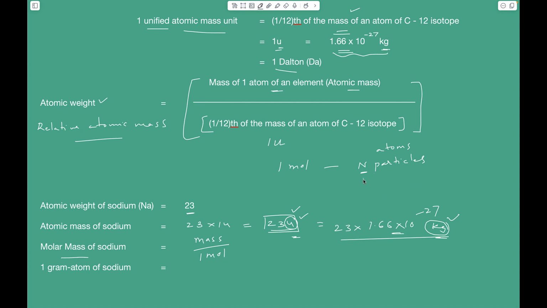And you know, the experimentally measured value of Avogadro's number is approximately 6.022 times 10 to the power of 23. This is the value of Avogadro's number. Now you may be wondering why we picked such a weird looking number for the value of Avogadro's number.